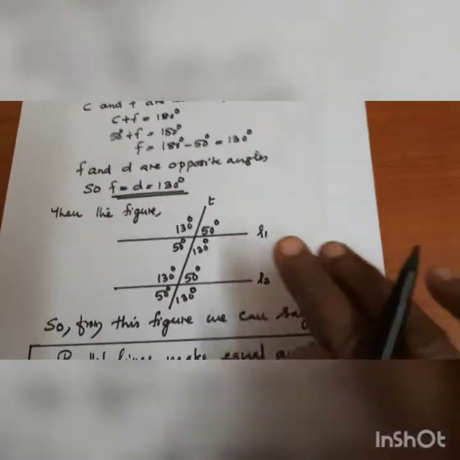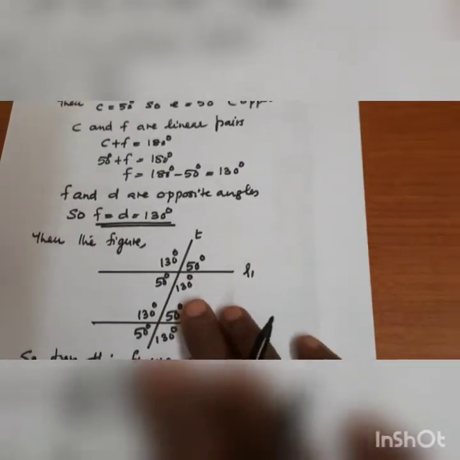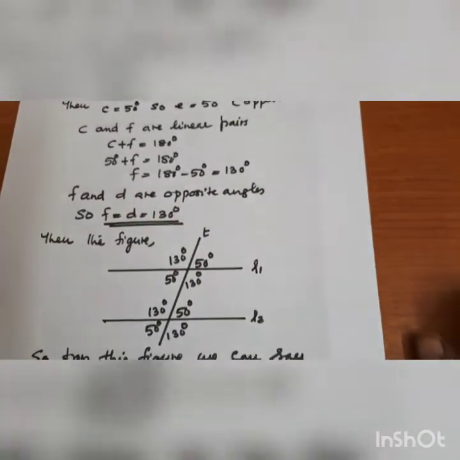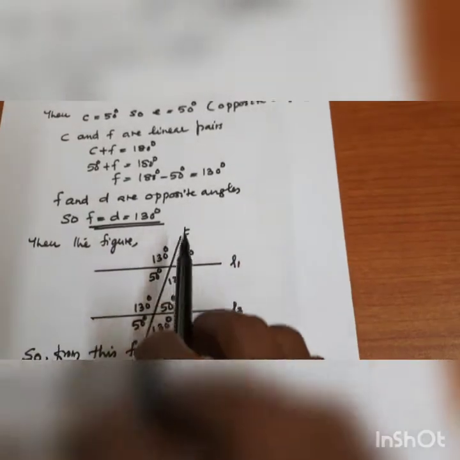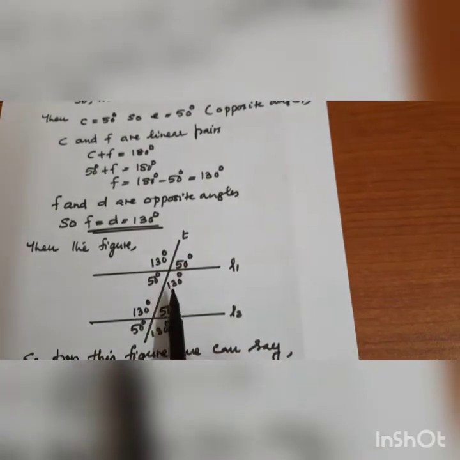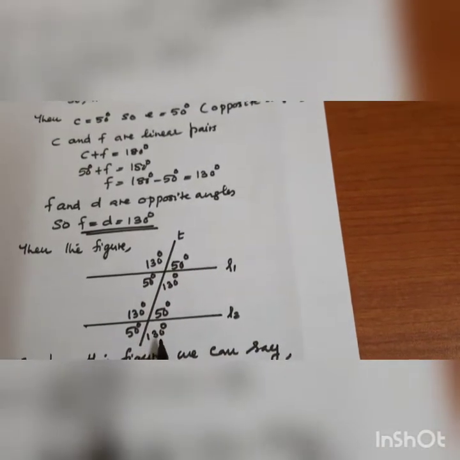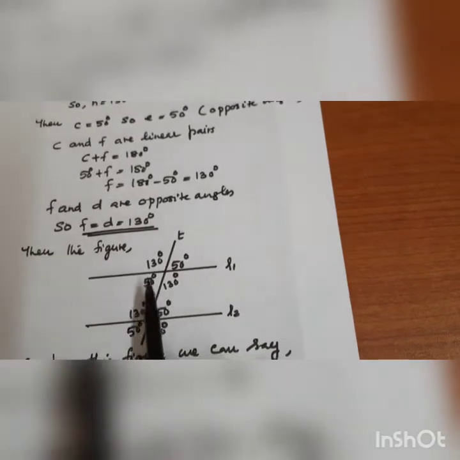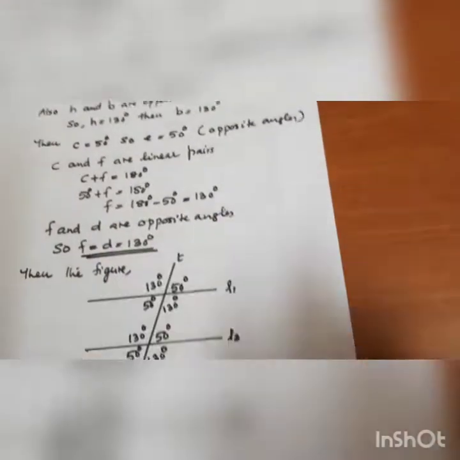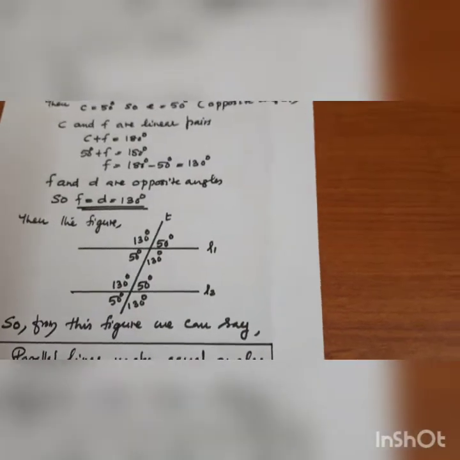So, we get all the 8 angles in the figure like this. That is A 50, B 130, C 50, D 130, E 50, F 130, G 50, H 130 degrees.